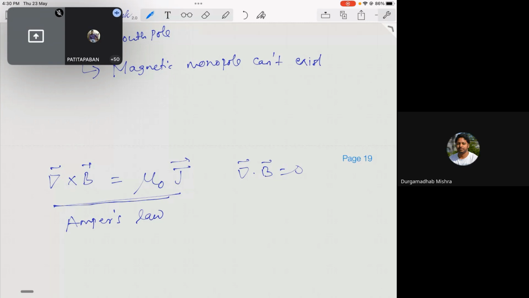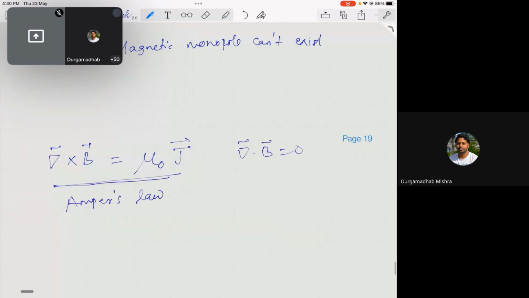So this Ampere's law you can use in the integral form, which is in fact much easier for calculating the magnetic field due to a current density or any current. Okay, so how do you do that?